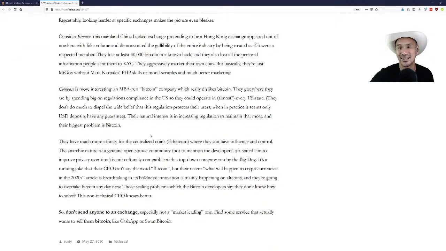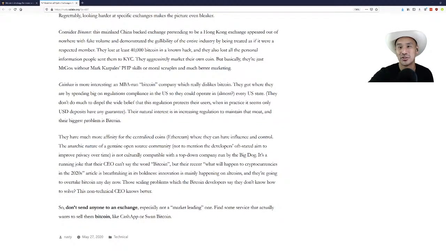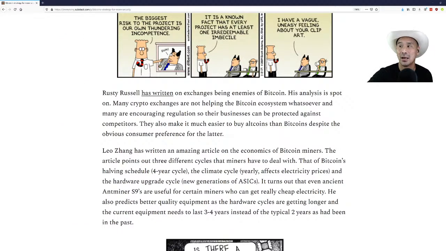Basically his argument is don't send anyone to an exchange, especially not a market leading one. Find some service that actually wants to sell them Bitcoin, like Cash App or Swan Bitcoin. And I agree. A lot of exchanges are making it very difficult to buy Bitcoin, like Coinbase and many others. So send them to other places instead.